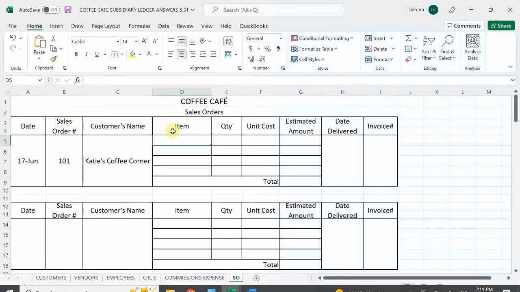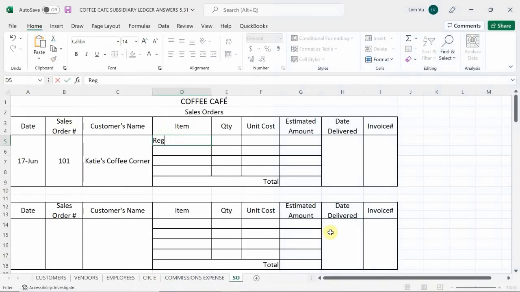Okay, so again, I'm going to go ahead and put that in there. She bought some regular coffee by the pound, some Supreme coffee by the pound, and some mugs. So we said 15 pounds, 10 pounds, and 20 cups.